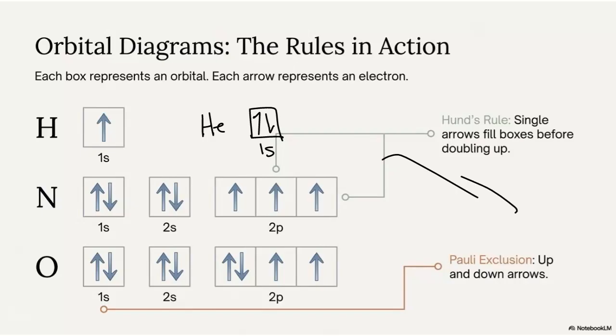This is a convention that we use. If I start with the arrow going down, the second one has to go up. So in each box, those arrows have to go in opposite directions. So Hund's rule: single arrows fill boxes before doubling up, and when they double up, one goes up, the other one goes down.